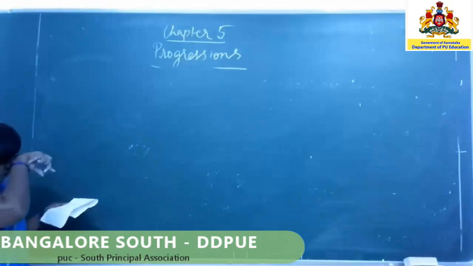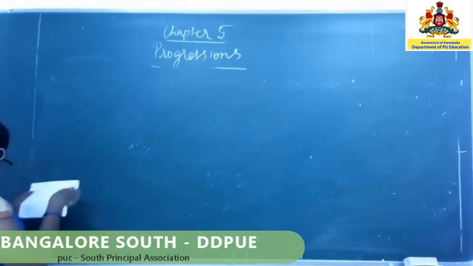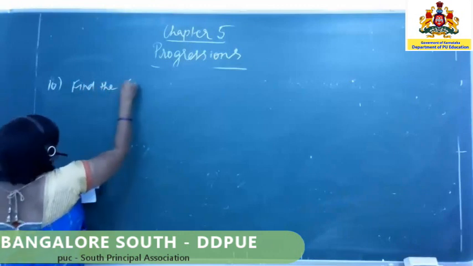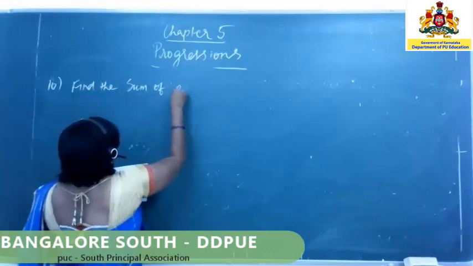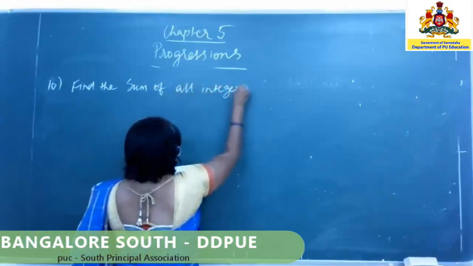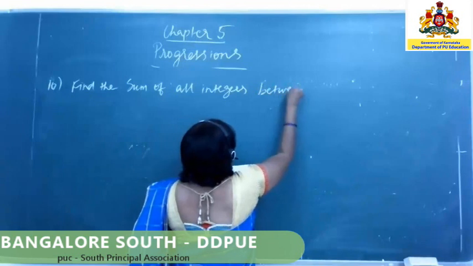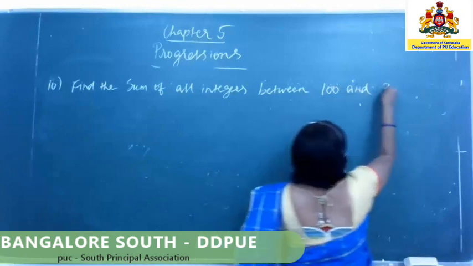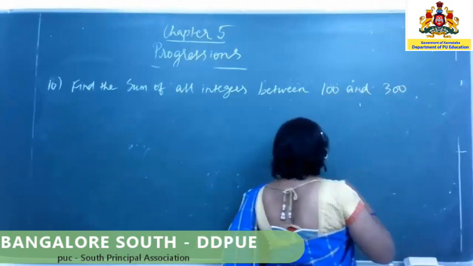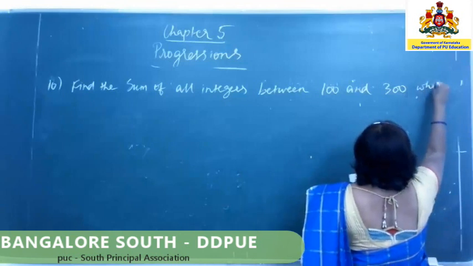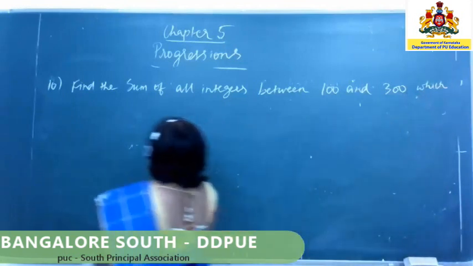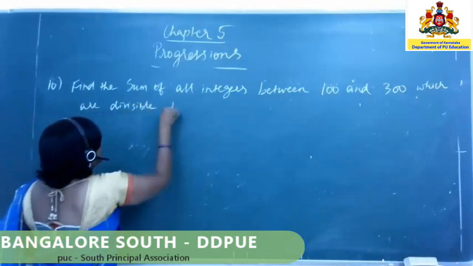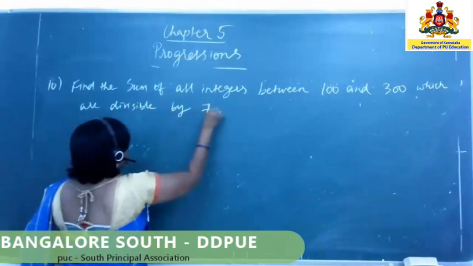Next question. Find the sum of all integers between 100 and 300 which are divisible by 7.